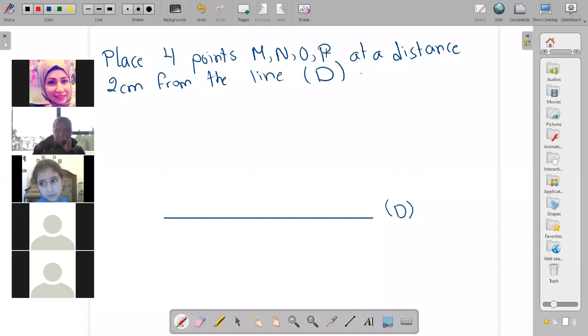All of them at a distance 2 centimeters from the line D, and of the same side. All is above or all is below D. We can do them above or below. Both of them are correct. We have to place the points.